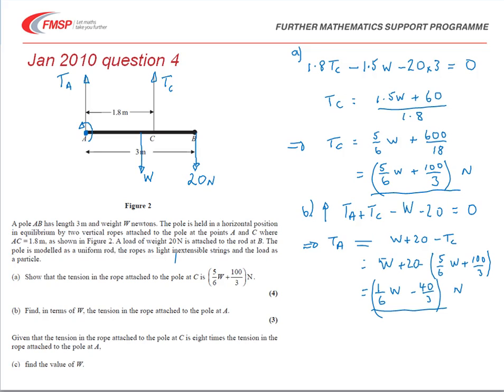In the final part of the question, we're told that the tension in the rope at C is 8 times the tension in the rope at A. So in part C, we're told that the tension at C is 8 times the tension at A. So now we have an equation, so that we can say, well, the tension at C, 5/6 W plus 100 over 3, is 8 times the tension at A, 1/6 W minus 40 over 3.